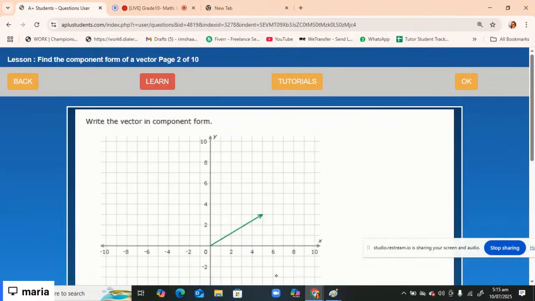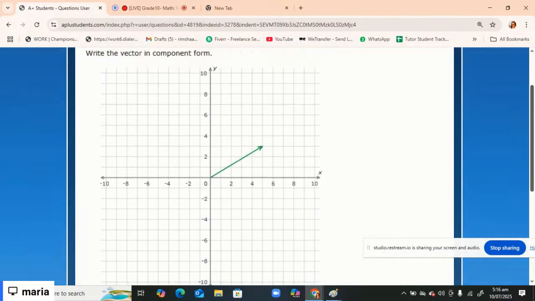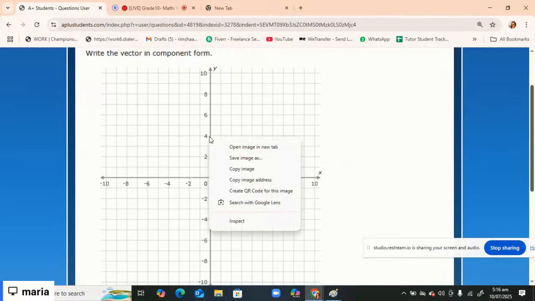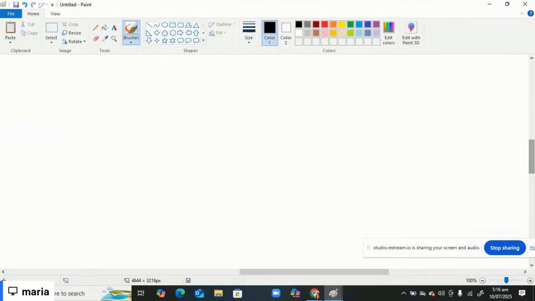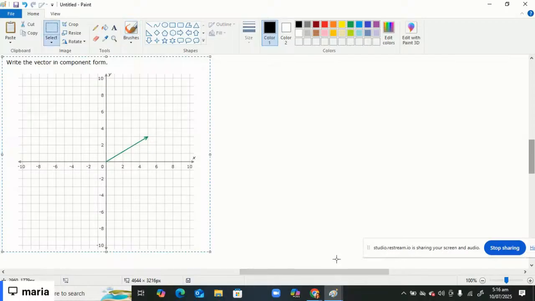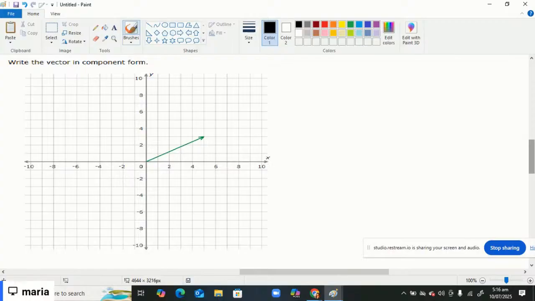Okay, let's discuss this one. So now let's see what the 2 points are, the initial and terminal points. First we write down the initial point, which is 0 and 0, and what is the terminal point?